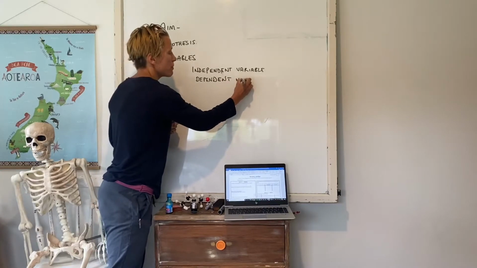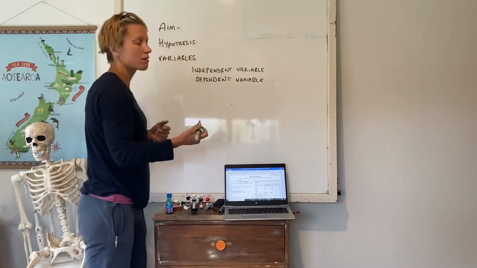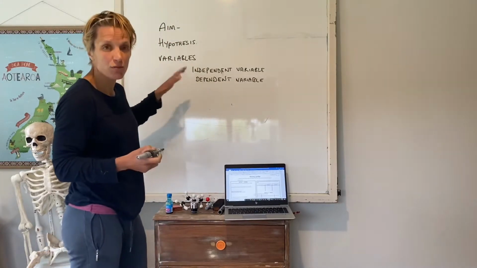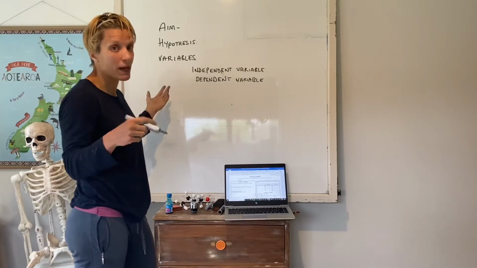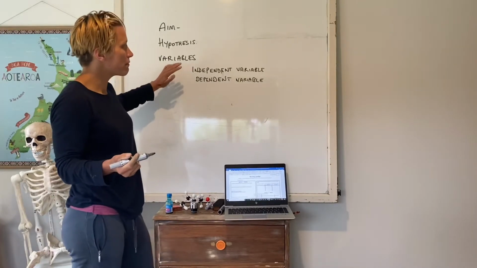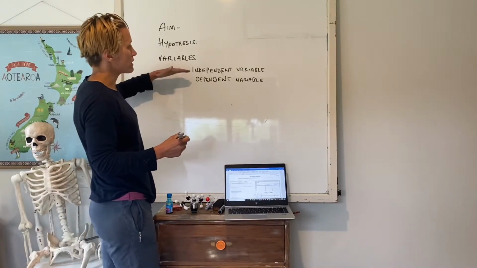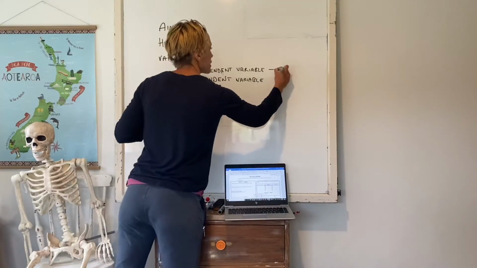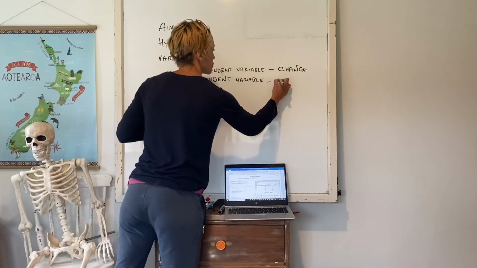I remember when I learnt this, it was really confusing to me, because they sound the same. But if you just remember the song: the independent variable is the one you change, the dependent one you measure. Get it wrong, you'll feel displeasure. Just try and stick to memorising. Independent variable, we change it. Dependent variable, we measure it.